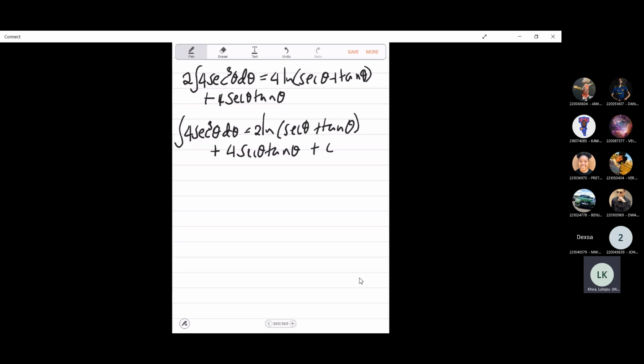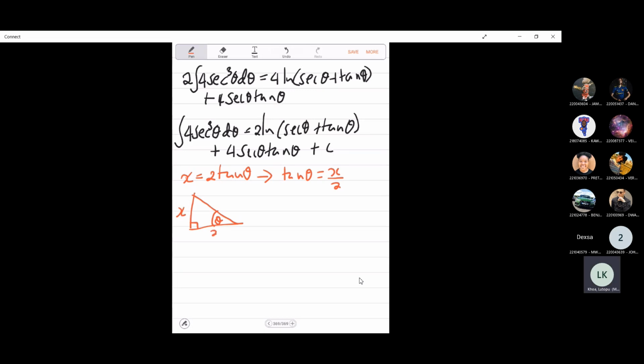Then now substituting, we say that u is 2 tan theta. So this means that tan theta is u over 2. And then we draw our right angle triangle. This is u over 2.